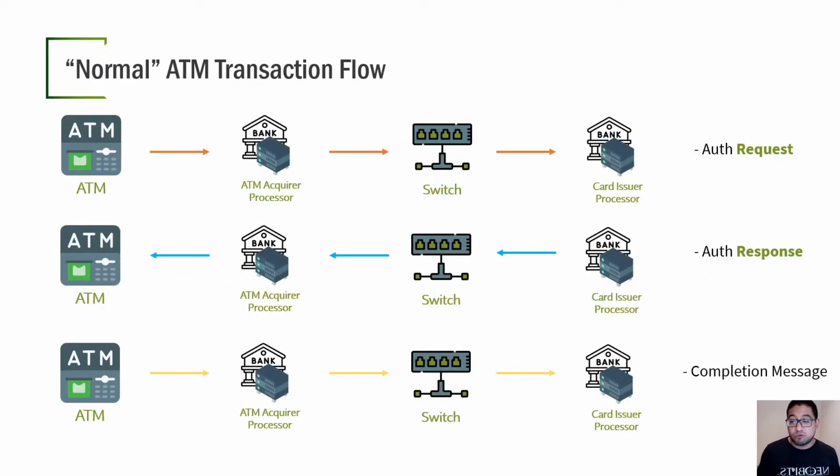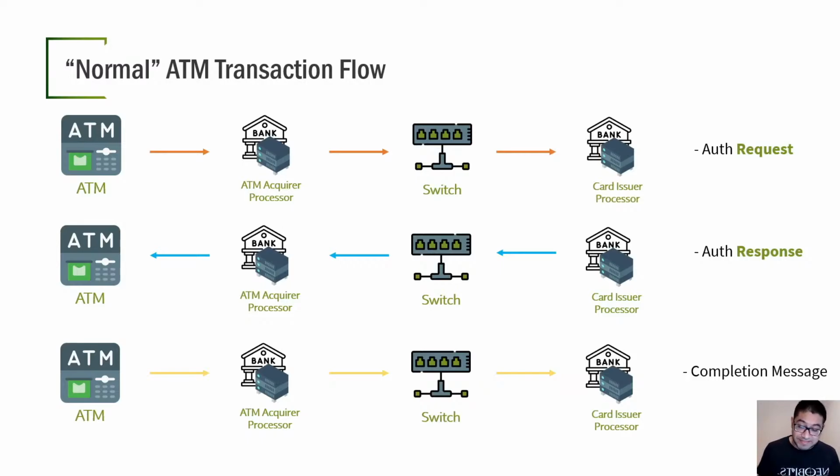Before that, we need to understand what a normal ATM transaction flow is. We will use this as an example. Maybe this will not be the case, but we use it just for this purpose. The ATM will send an authorization request through the ATM acquirer processor, and this will redirect to the switch, and the switch at the end to the card issuer processor. When the ATM tries to do an online transaction that requires an authorization request, the card issuer processor will answer with an authorization response, and that answer will be sent back to the ATM.